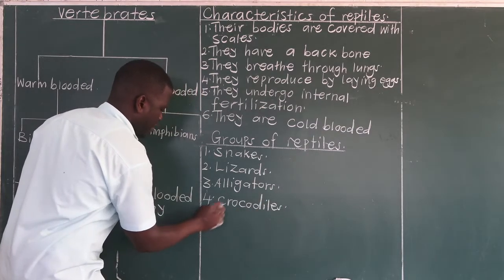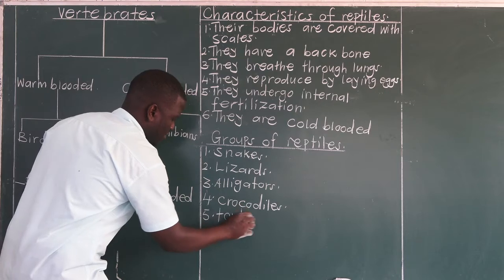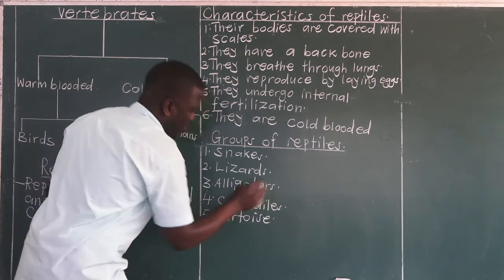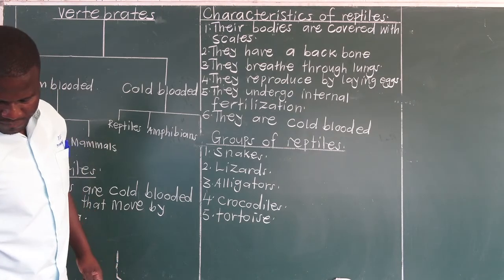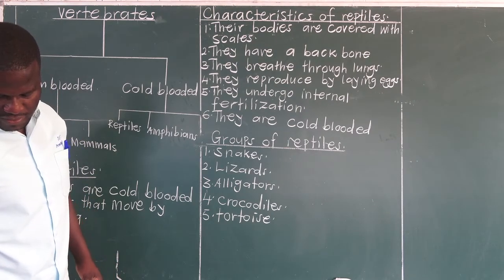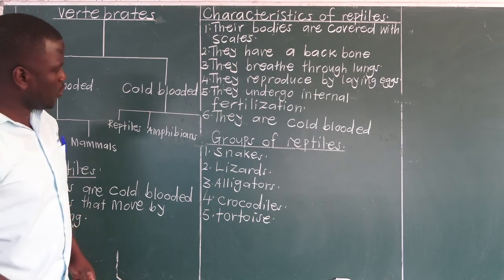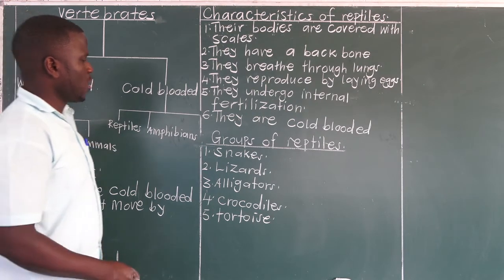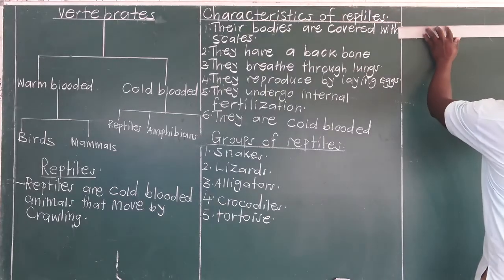Then five, we have tortoise. Those are groups of reptiles, such as snakes, lizards, tortoise, alligators, crocodiles, and so on. So we shall begin with the first group called snakes.